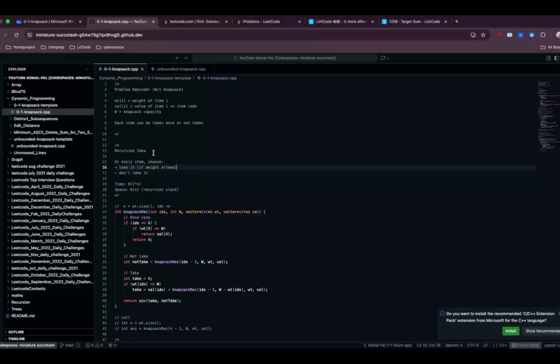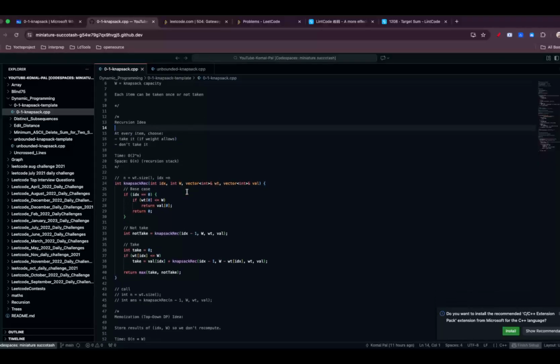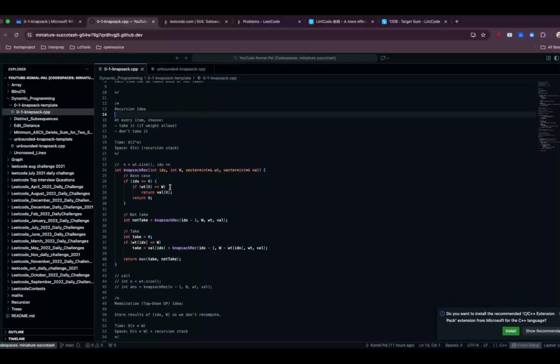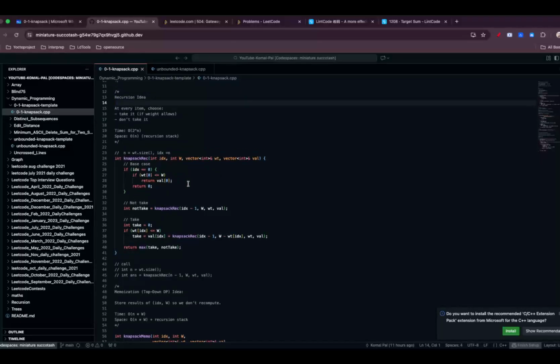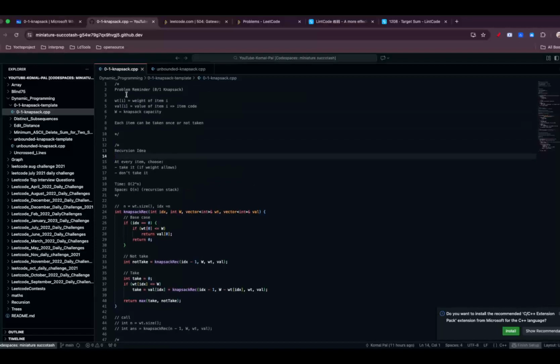Now, for the recursion part, because it's about inclusion or exclusion of a particular item, how will the code be? Every time we need to take a particular weight or not take it. Here we are given a weight array, a value array, and a variable W, which is the maximum capacity.